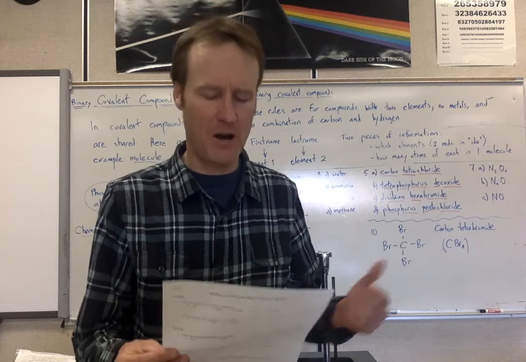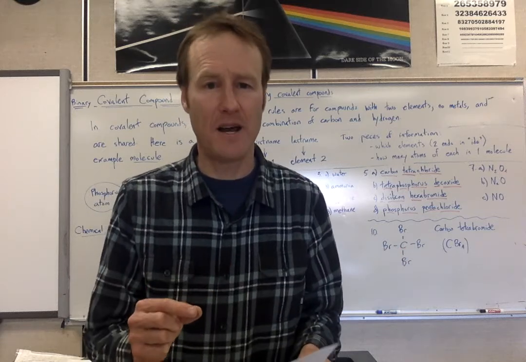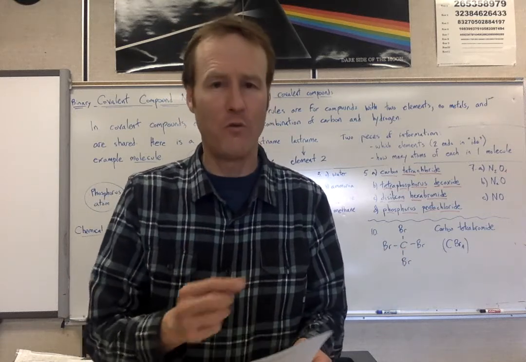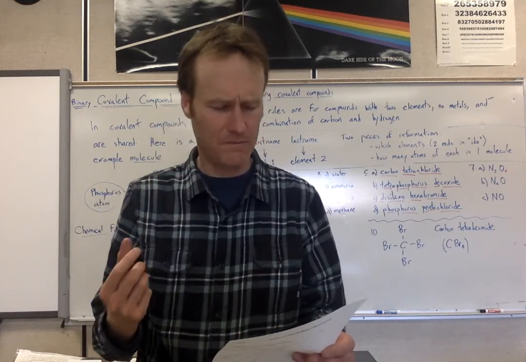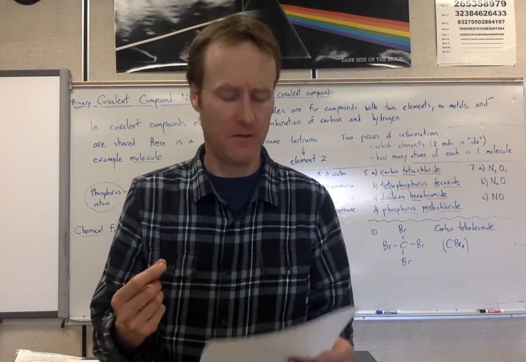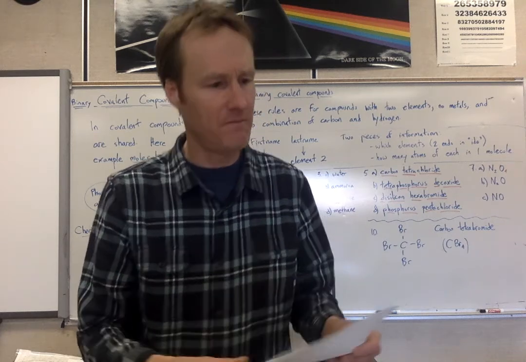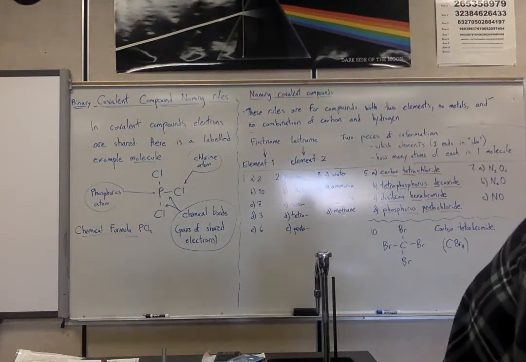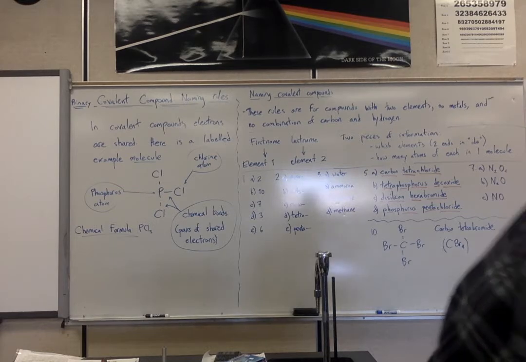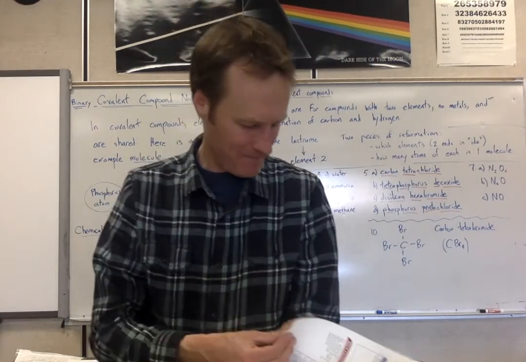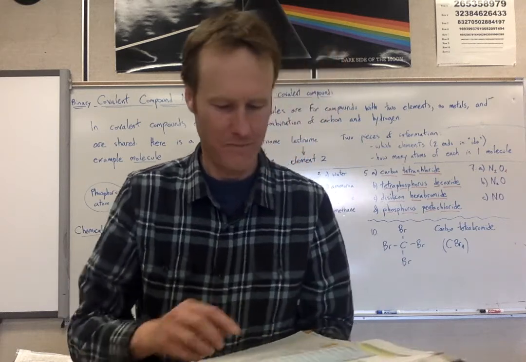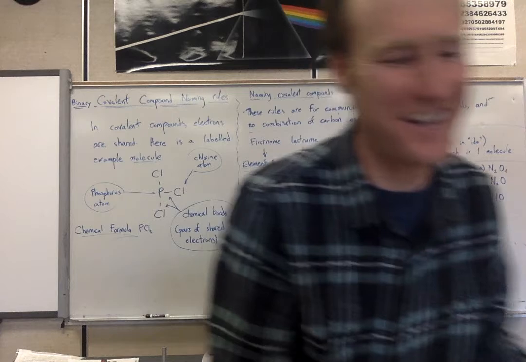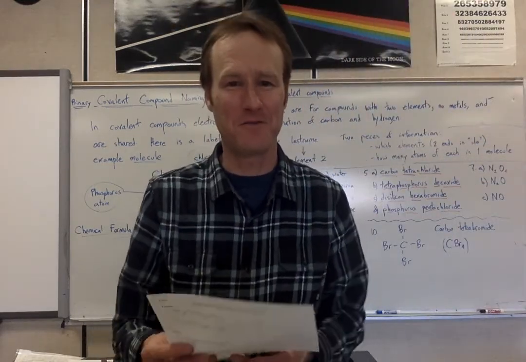Here we have a compound that has one carbon atom in the middle and 4 bromine atoms around it. So, carbon is the furthest from fluorine. I'm checking that. Yes, carbon really is the furthest from fluorine.